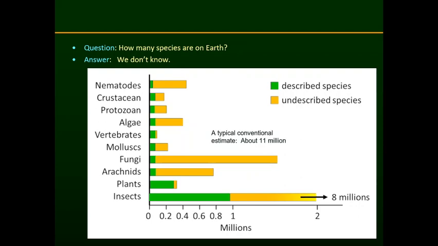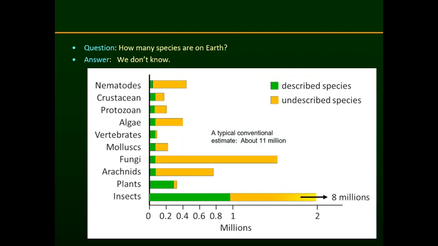Okay, and you can see that there's a lot of species that we know exist because we have them in museums and they're sitting in jars and trays and things like that, preserved. But they haven't been described by taxonomists yet, because describing new species takes a long time. It can take months to do that for just one species. So it's a slow process.